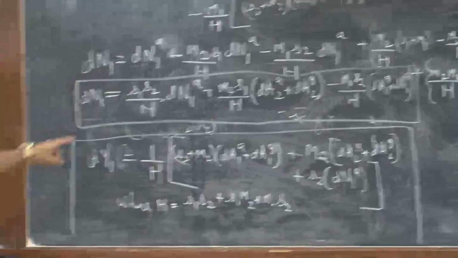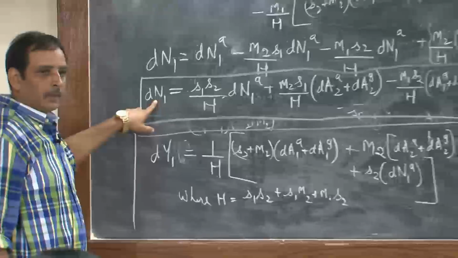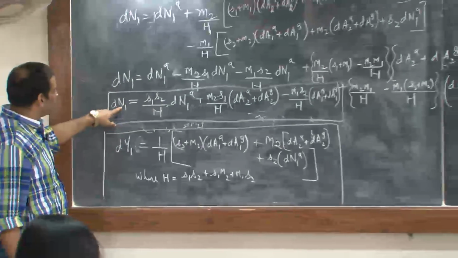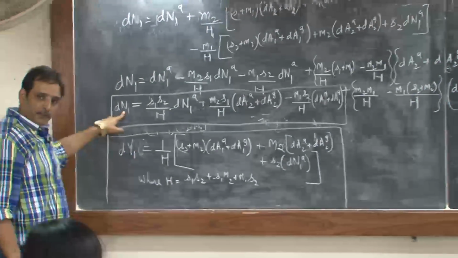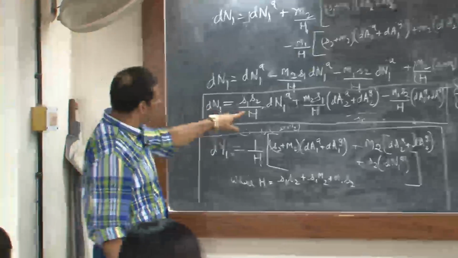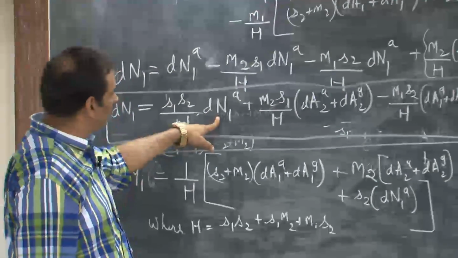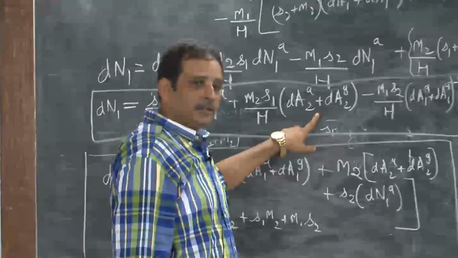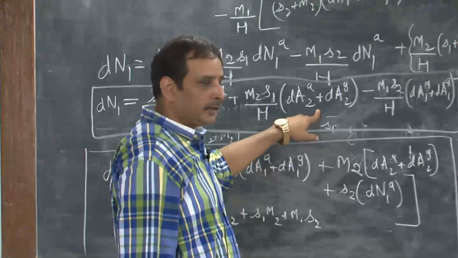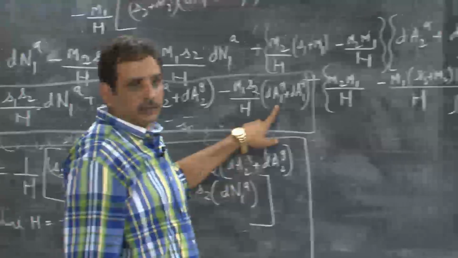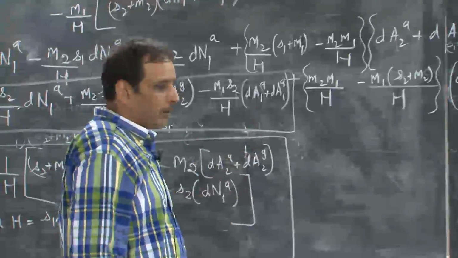You need to focus on this equation, which is the changes in current account balance in the first country, the home country, as a function of the autonomous change in net exports, changes in expenditures in the other country, and the changes in expenditures in your home country.